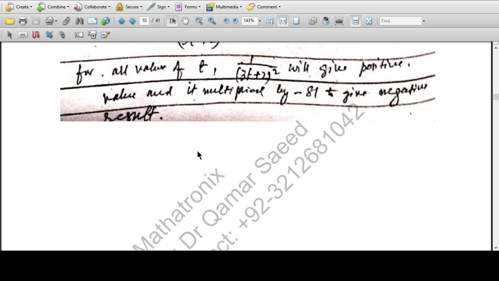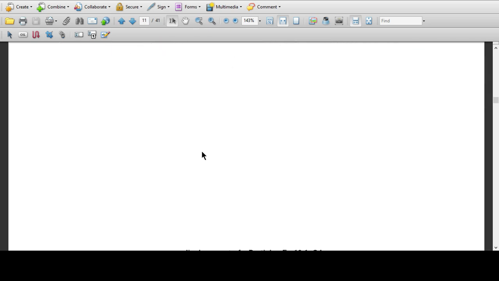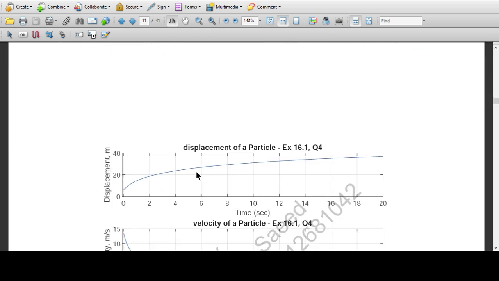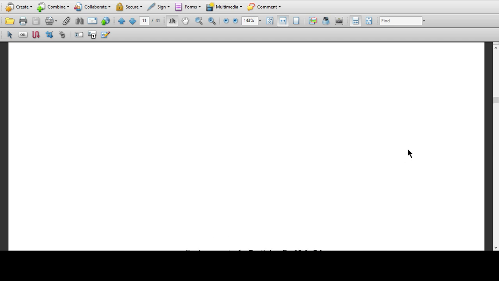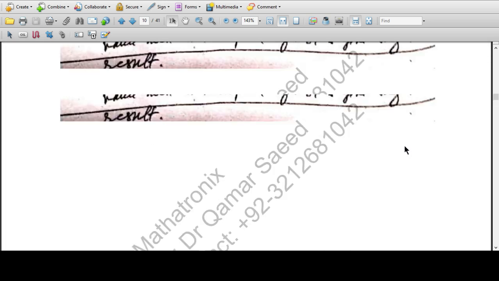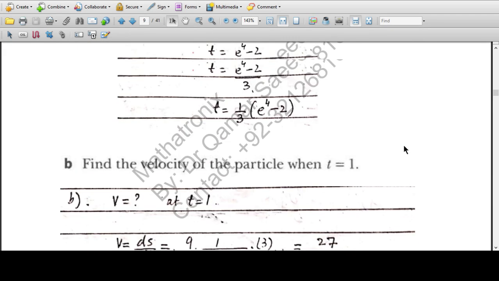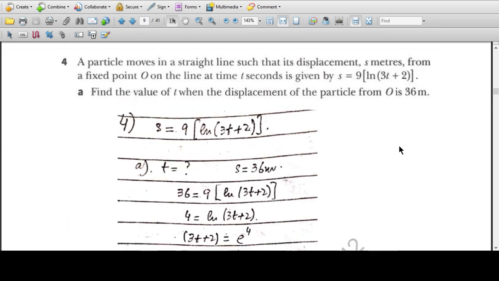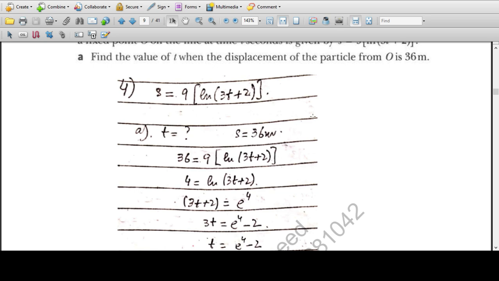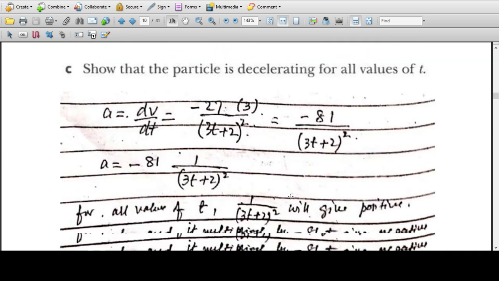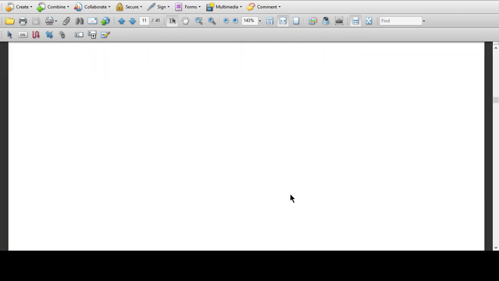Here we have also plotted the displacement of the particle. In the first part, it was asked to find the value of t at displacement 36, and it is obtained here.